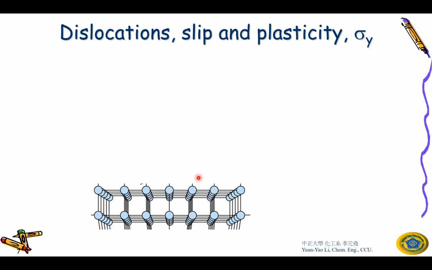When we talk about dislocation, there's one important thing you need to remember. It's called slip and plasticity. Let's imagine you have atom packing like this, and you have force from layer 1 and force from layer 2 from the opposite direction.